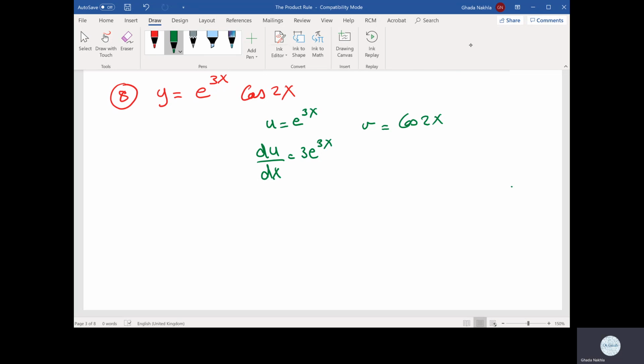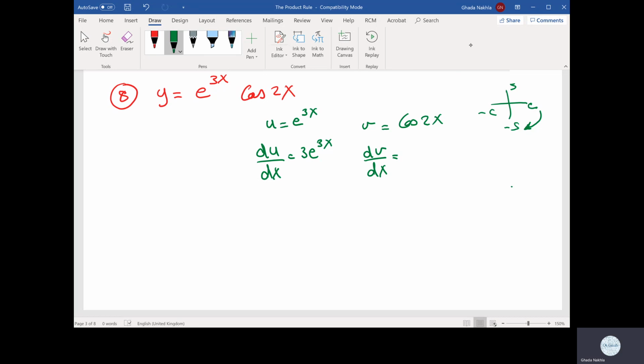When you differentiate dv by dx, so cos kx, let's draw our diagram again: sine, cos, minus sine, minus cos. We're differentiating cos. When you differentiate cos, you get minus sine. When you differentiate cos kx, you get minus k sine kx.